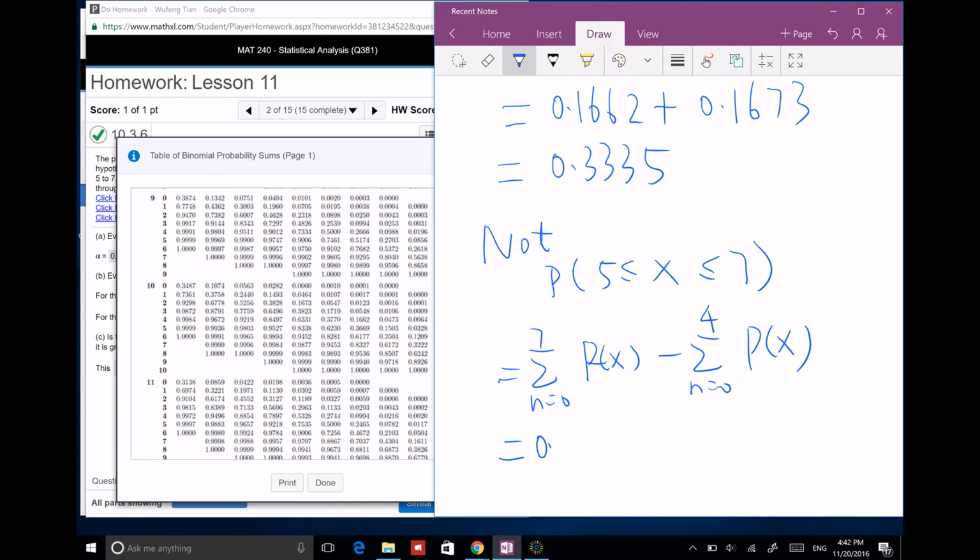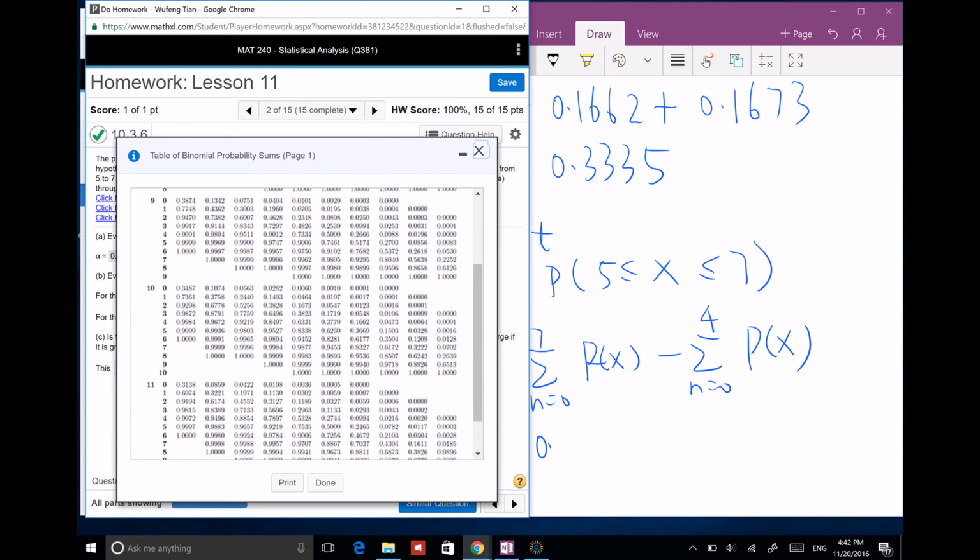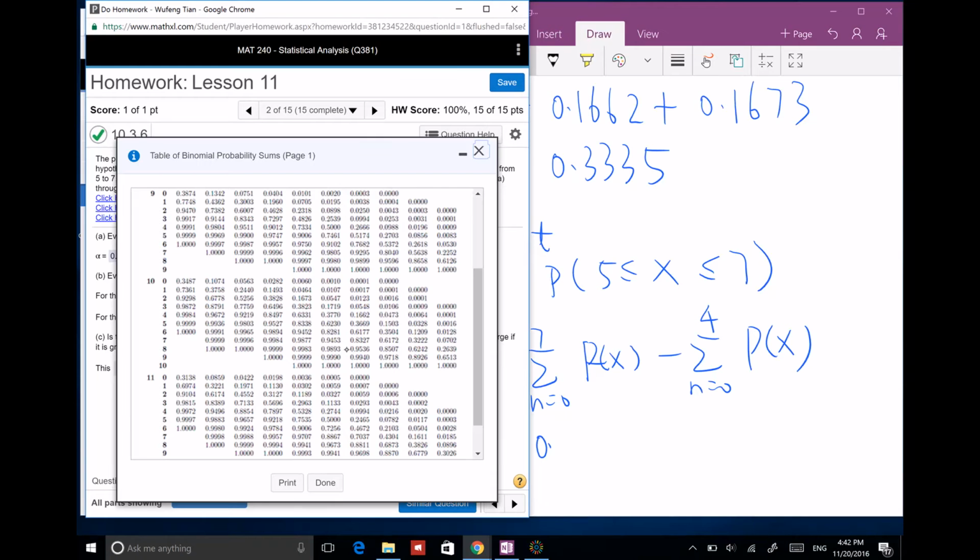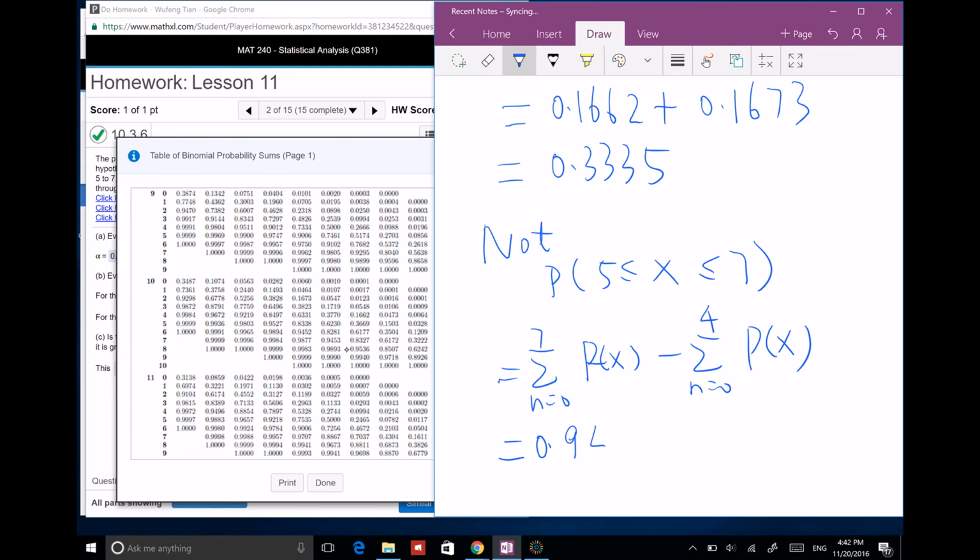So this is 0 to 7 with n equals 10, 0.9453. Minus up to 4, so it's 0.3770.